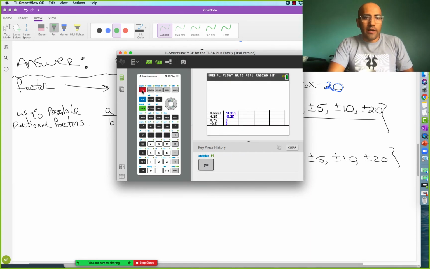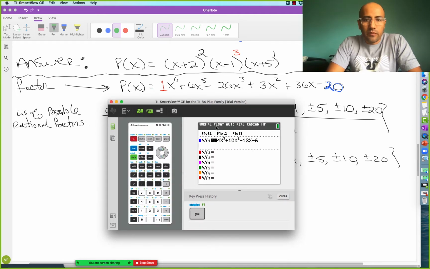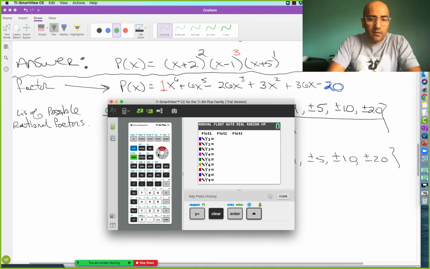And we're going to go over to y equals, and we're going to type in the original polynomial. So let's clear. To erase everything that's already on there, hit clear and enter. That'll erase it all. Come back up. And now we can type in the one we want.